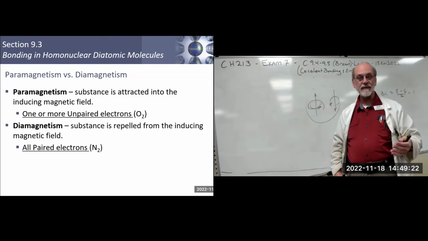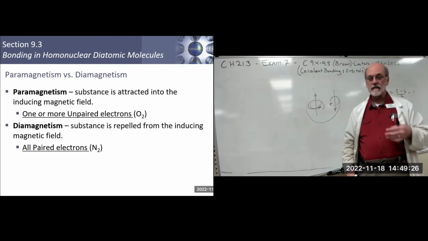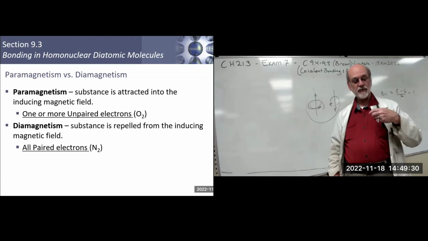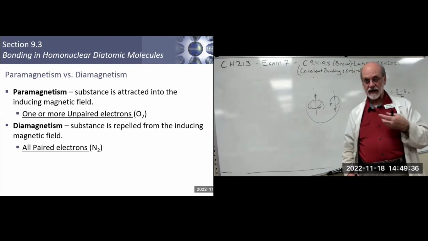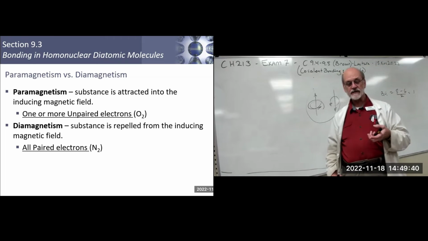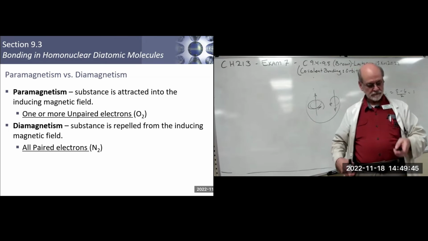And that's called diamagnetism. An example of that: oxygen, which we've just seen described in this video, is paramagnetic because it has unpaired electrons. And diamagnetic elements such as nitrogen, dinitrogen, which has all paired electrons, is diamagnetic.